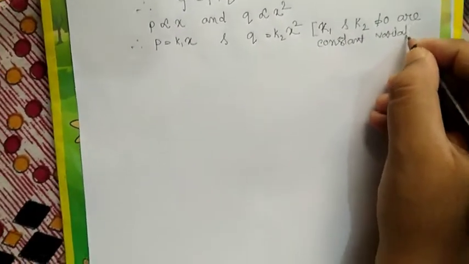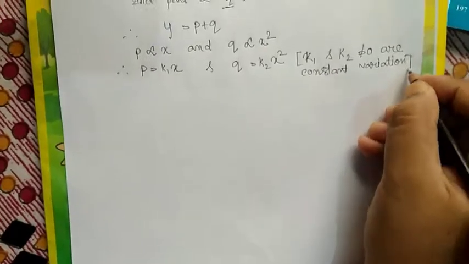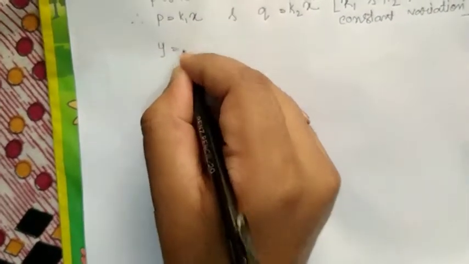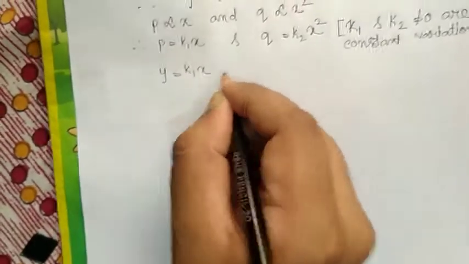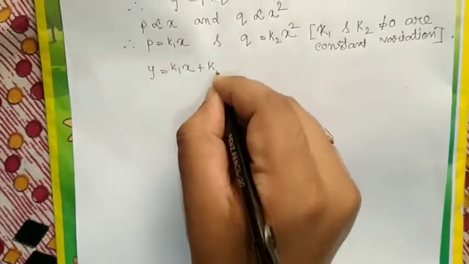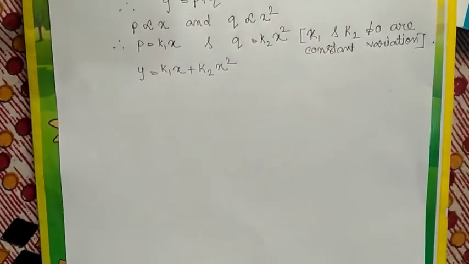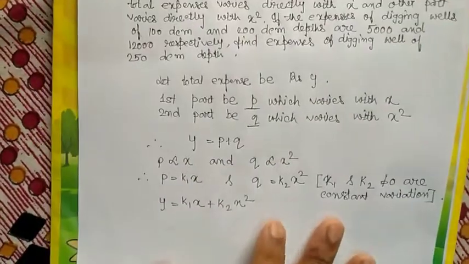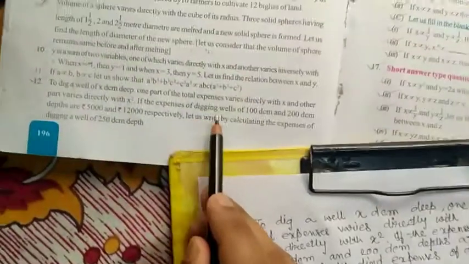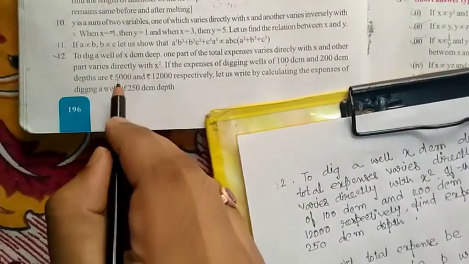So therefore we can say y equal to k1x plus k2x square.